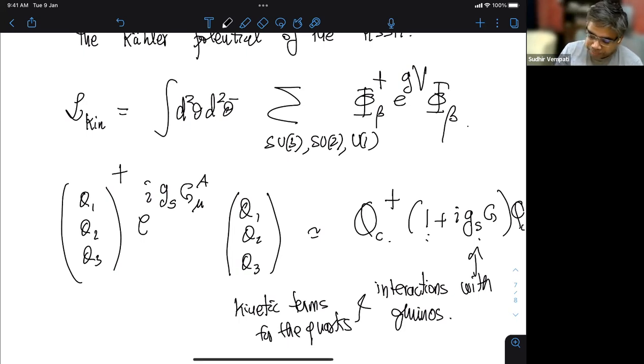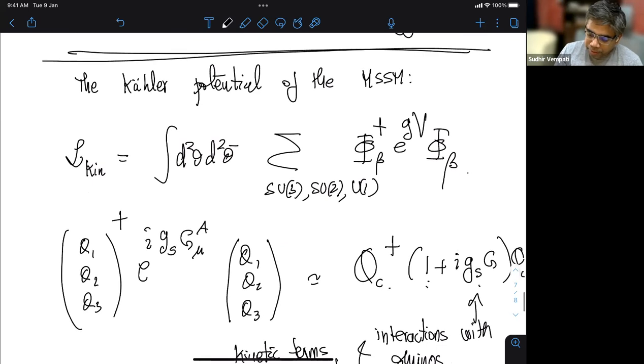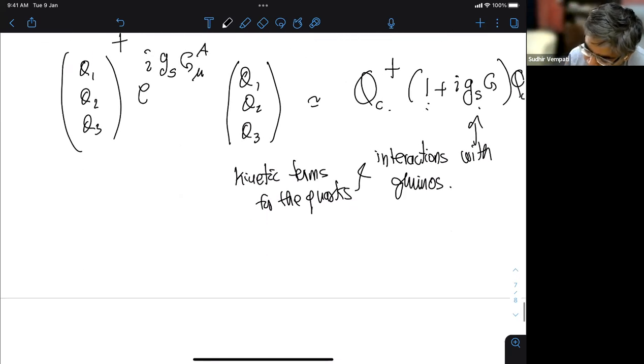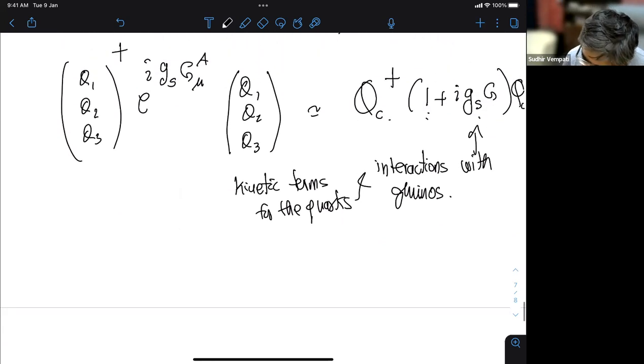Then for the weak interactions, you have again the same Q, but this will not be the colored part.